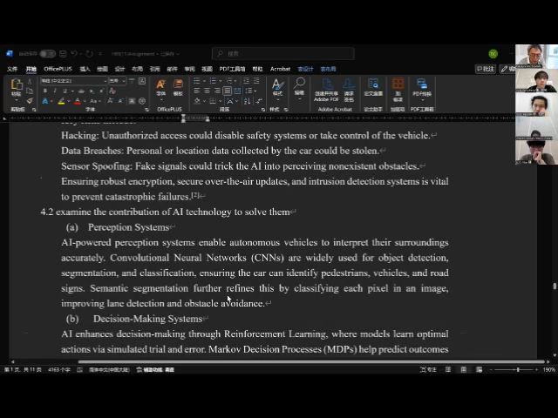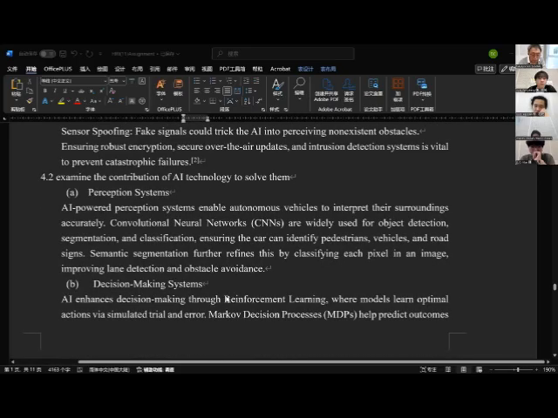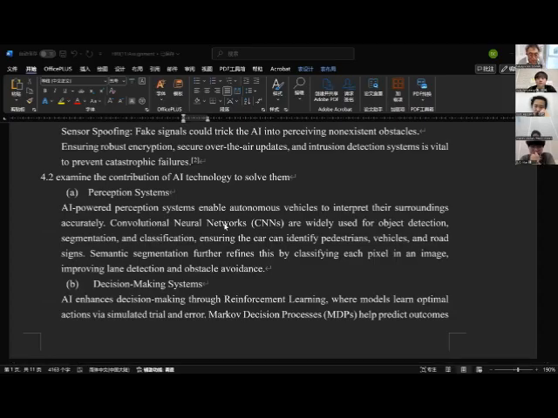Examine the contribution of AI technology to solving perception systems. AI-powered perception systems enable autonomous vehicles to interpret their surroundings accurately.